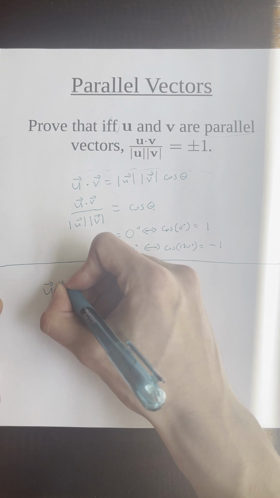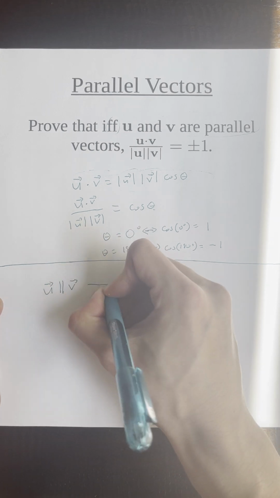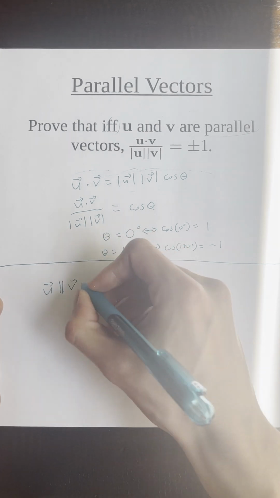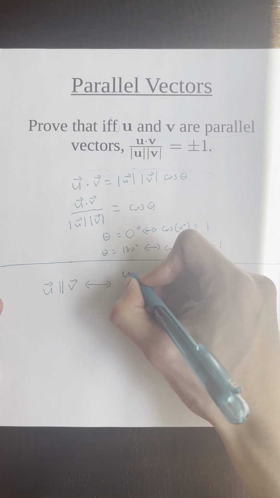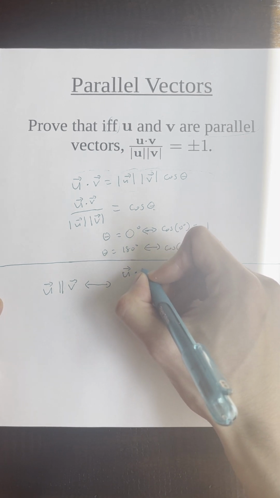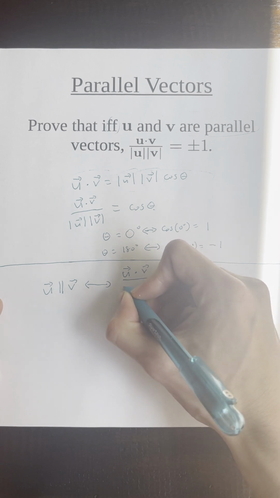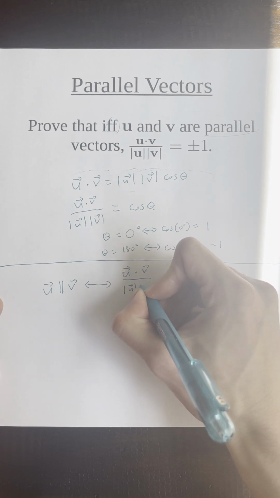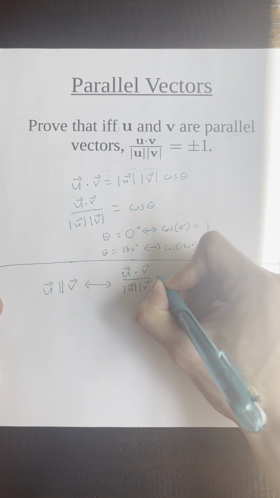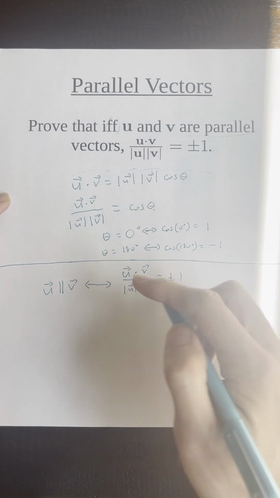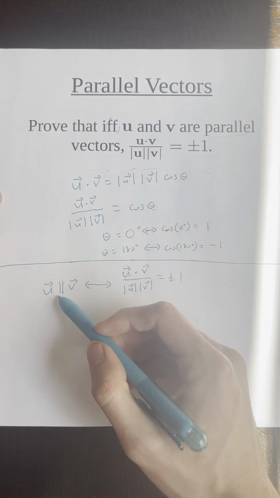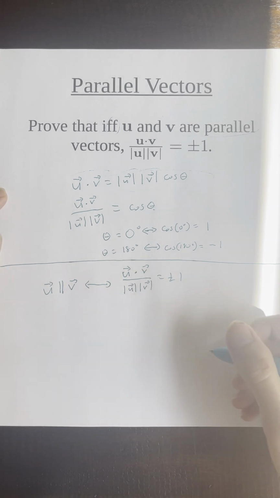So u parallel with v. This is the biconditional arrow. And we're just going to copy the equation. Okay, so when they're parallel, what does that look like geometrically?